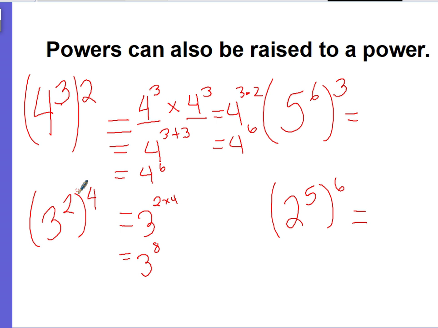You can also tell because the little exponent on the inside and the little exponent on the outside are separated by parentheses, and normally, when you have one number inside and one number outside, that's multiplication. So 5 to the 6th raised to the third power is 5 to the 6 times 3, which is 5 to the 18th. And 2 to the 5th raised to the 6th power is 2 to the 5 times 6, and that's 2 to the 30th.